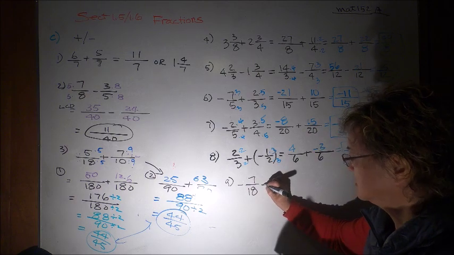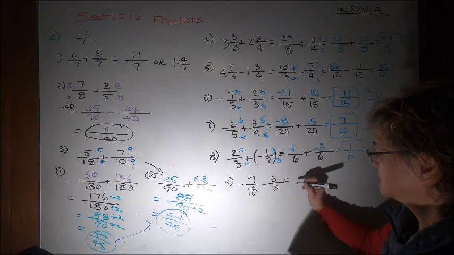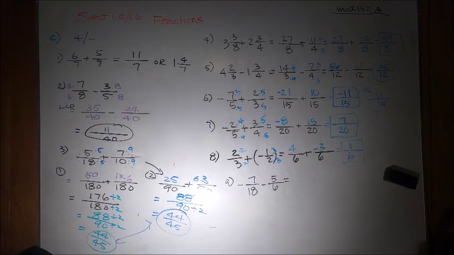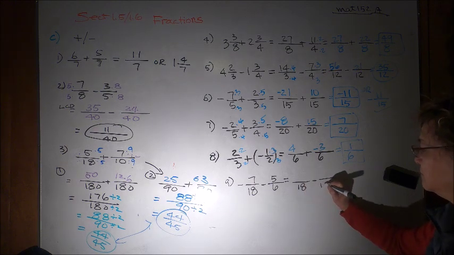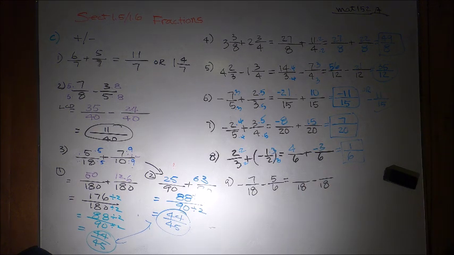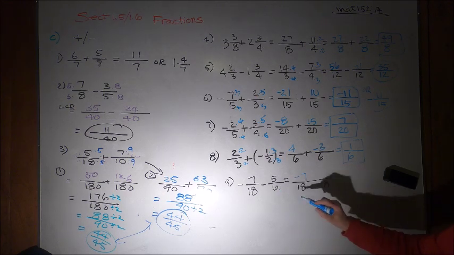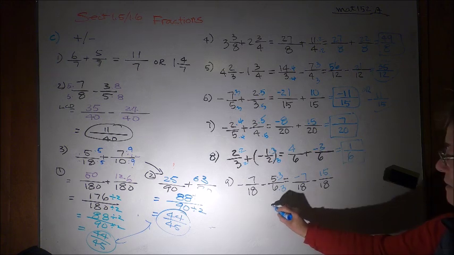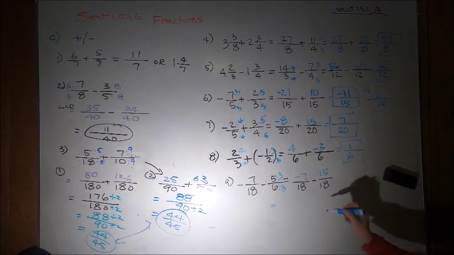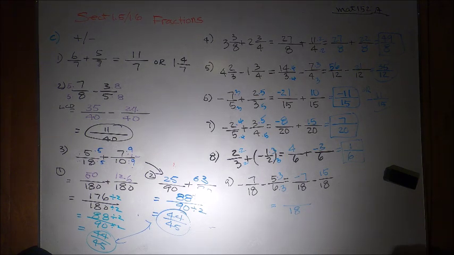Look at the next one, negative 7 1/18 minus 5/6. Okay, what's your LCD? 18, right? So that's negative 7. This one from 6 to 18, you times 3, that would be 15, right? So then you combine them with 18 as your denominator.